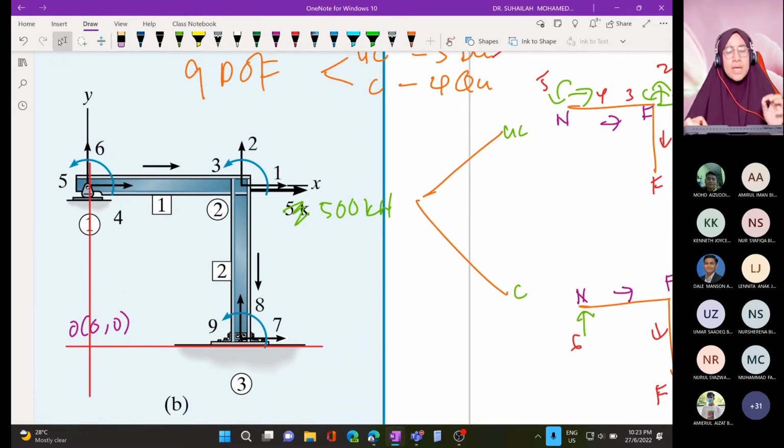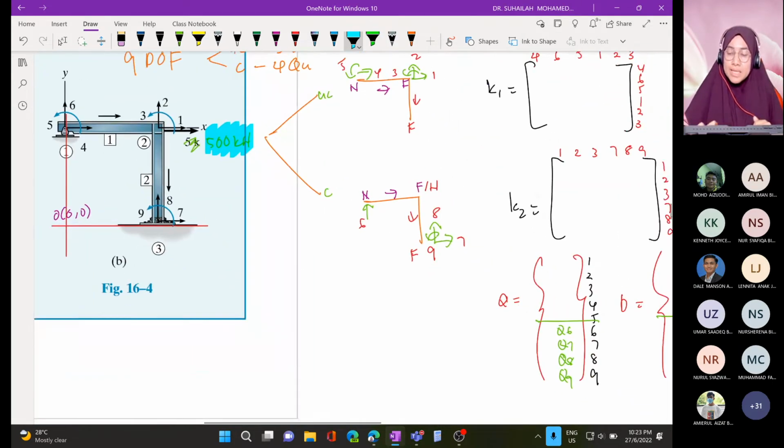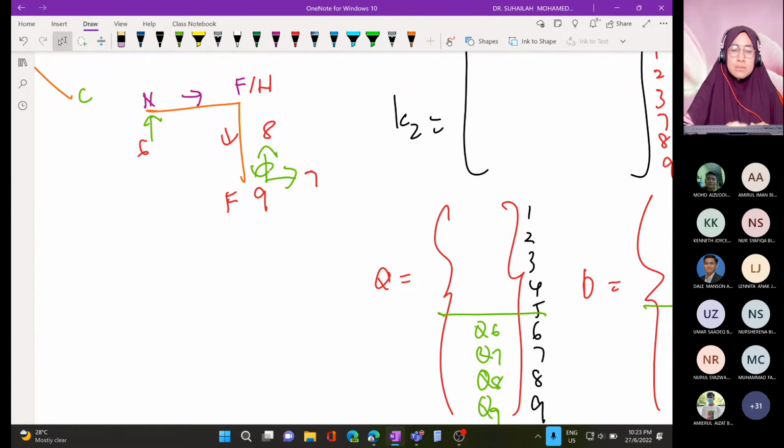Ada tak value? Kat sini dia bagi 5K. Kita tukar yang ni, letak 500 kilonewton. Any other value? No, only one value. Okay, so in the diagram, there is a horizontal force at node number 2. The value is 500 kilonewton. Position number Q number 1. Position number 1, same with direction, same with sign convention.